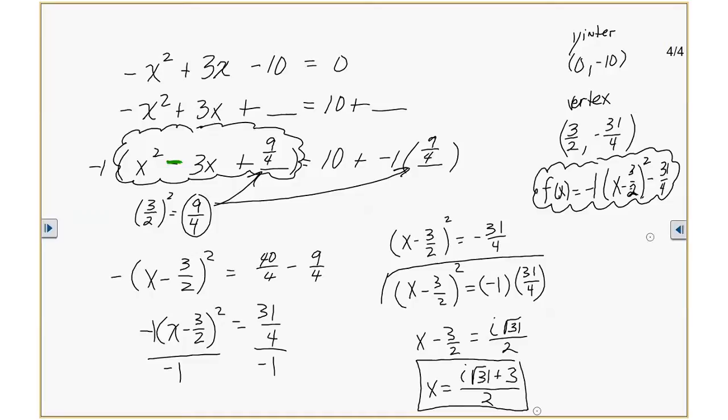All right, sketch it. We ain't seen ugly yet.